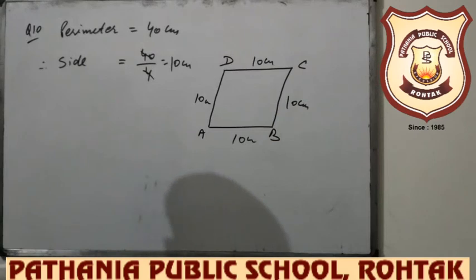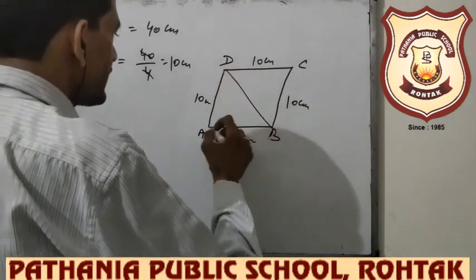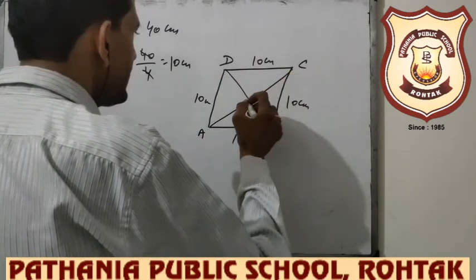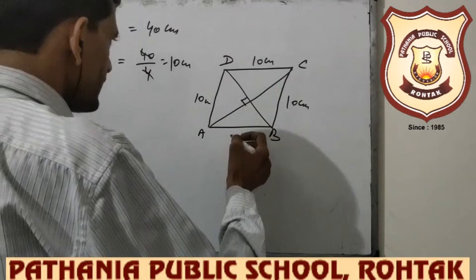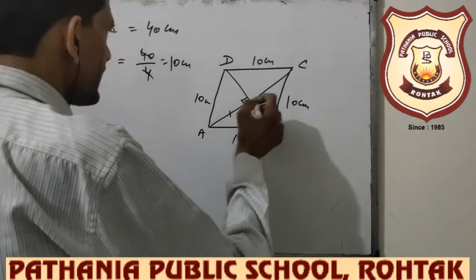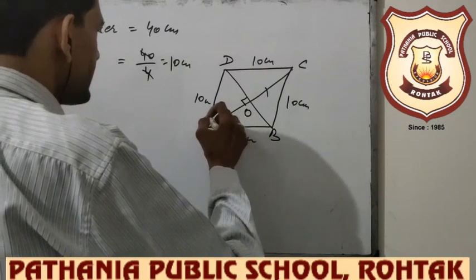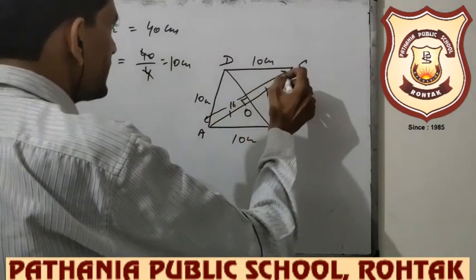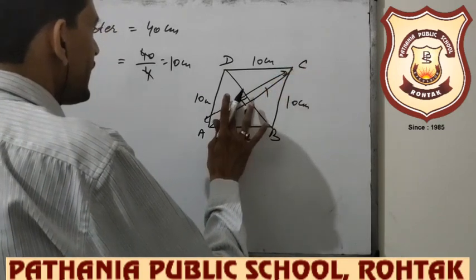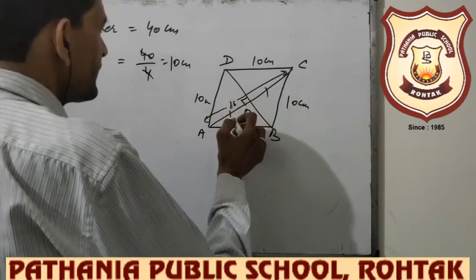And one of its diagonals is 16, because both the diagonals bisect each other at 90 degree. So let them bisect at O. Let one diagonal AC be 16 centimeter. This total length is 16 centimeter. So beta, what is the half of 16? That is 8.